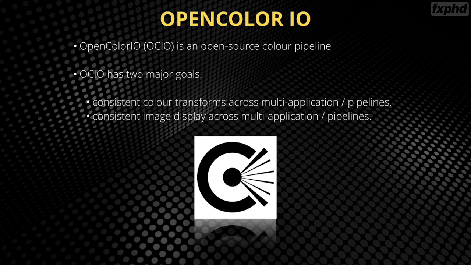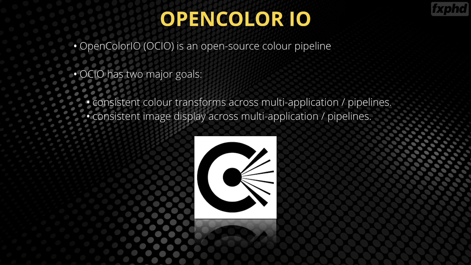So we're not dealing with an sRGB that's been set up by Adobe, an sRGB that's been set up by Autodesk, an sRGB that's been set up by the Foundry. It's set up once, and all the applications that we know and love are going to use that one color transform that's going to be the same across all the applications, and that's going to give us consistent image display across all of our applications.